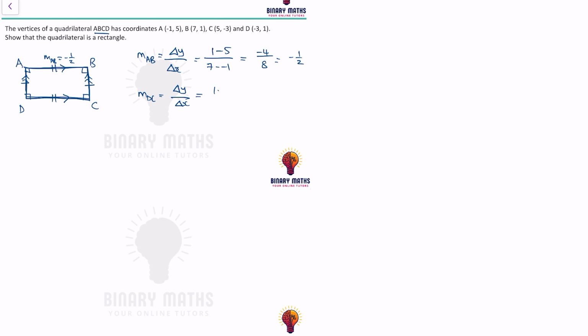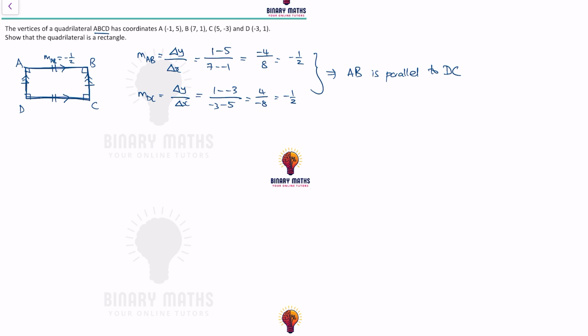So it's 1 take away -3 over -3 take away 5, which is 4 over -8, which is equal to -1/2. Okay, so I've proven that these two both prove that AB is parallel to DC.